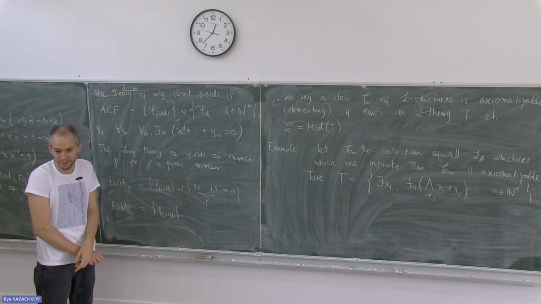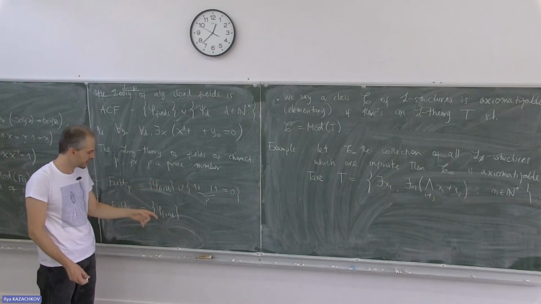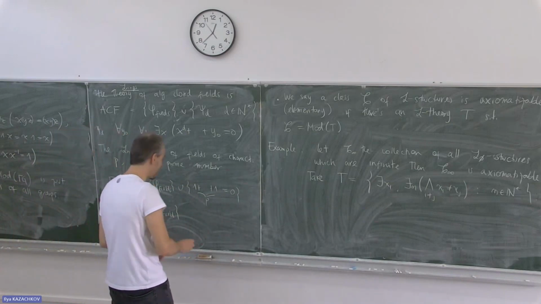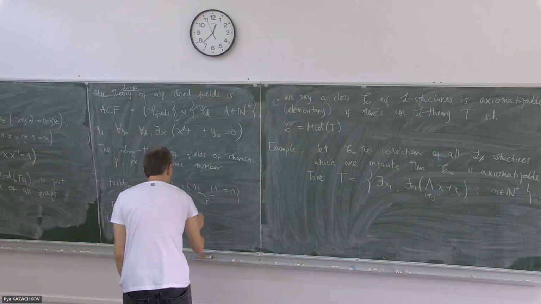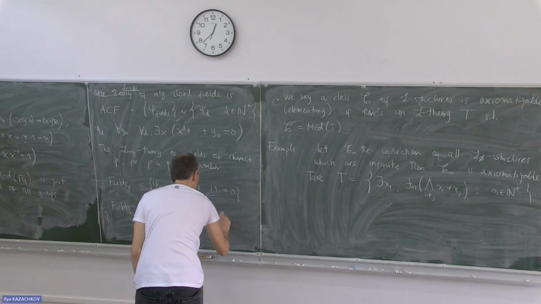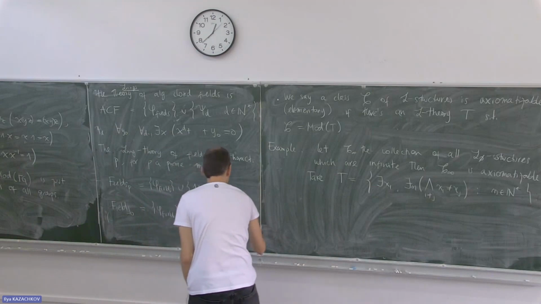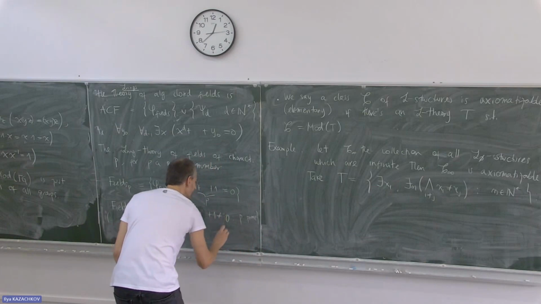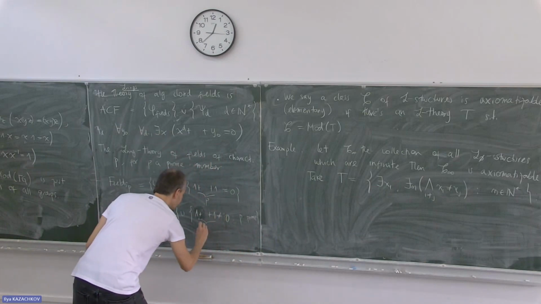It actually has two formulas, or I could put the conjunction. Here I need infinitely many. I put that 1 plus 1 plus 1, P times, is different from 0, but I need to do this for every prime P.